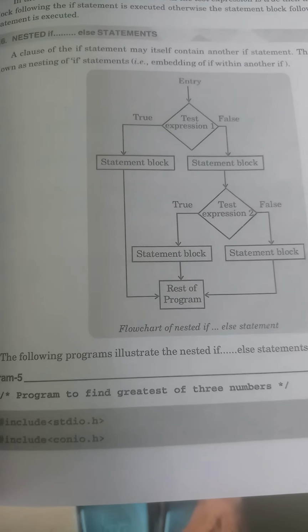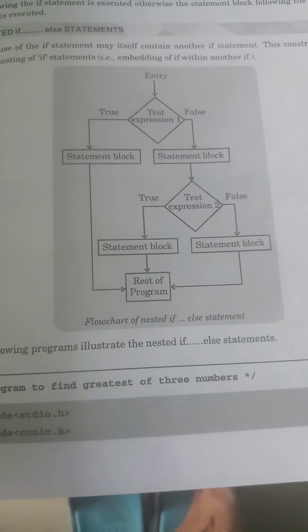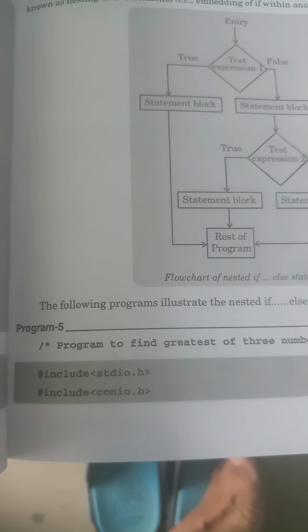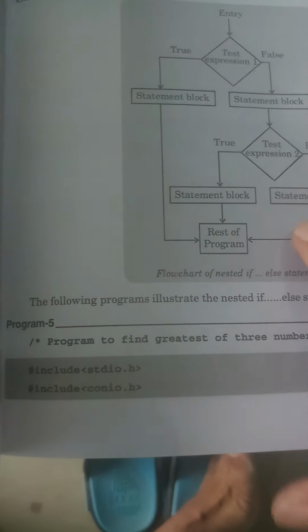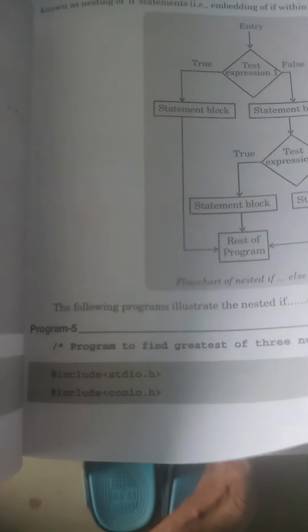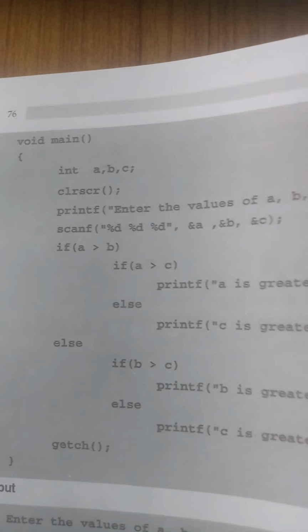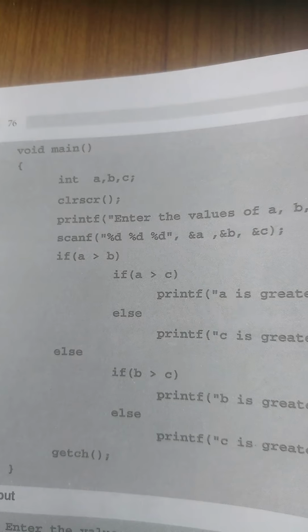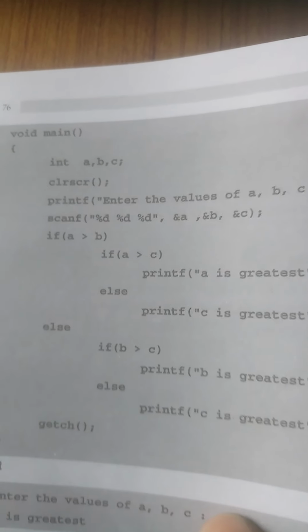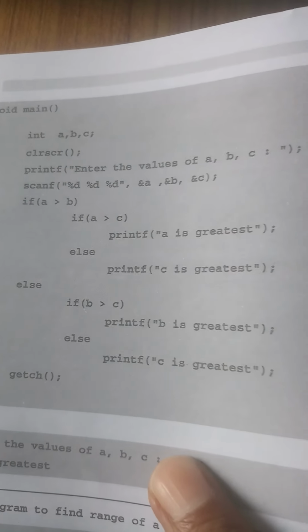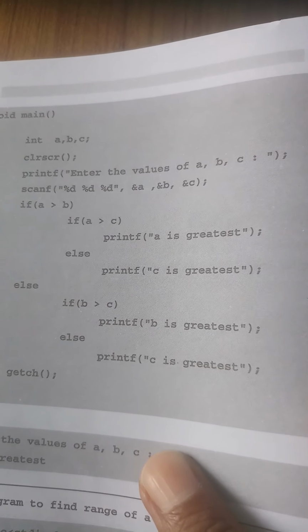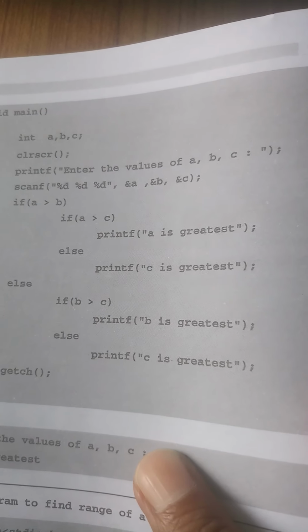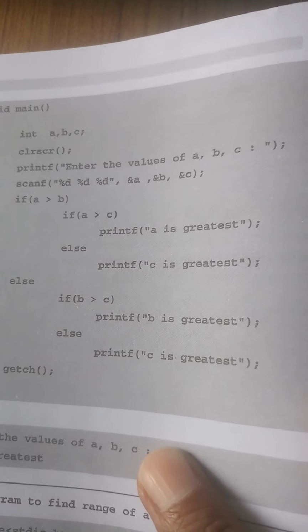Program to find greatest of 3 numbers. Include stdio.h, include conio.h. Void main, int a, b, c, clear screen, printf enter the values of a, b, c, scanf %d %d %d, &a, &b, &c.